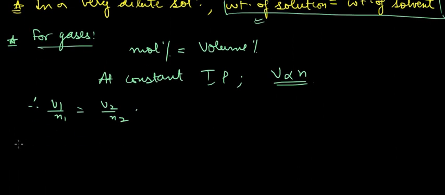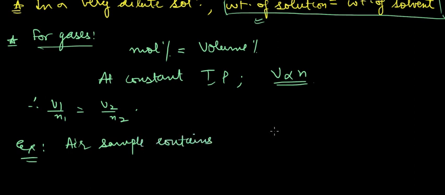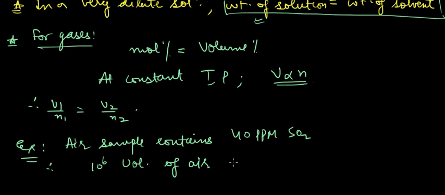Okay, so an example is that an air sample contains 40 ppm SO2, therefore 10 raised to the power 6 volume of air contains 40 volume of SO2 gas.